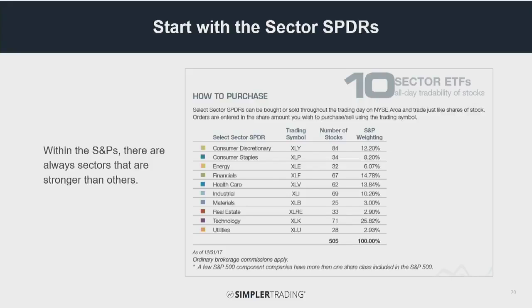Next, after that, I look at the sector spiders. So within the S&Ps, you have your sectors: discretionary, staples, energy. And by the way, this is from a free website, sectorspider.com, free. You can go in there and check it out. We have a lot of really good information, and I use it every day.